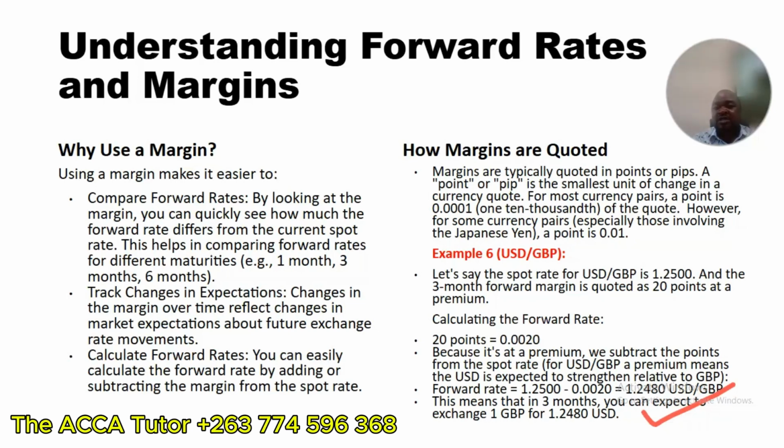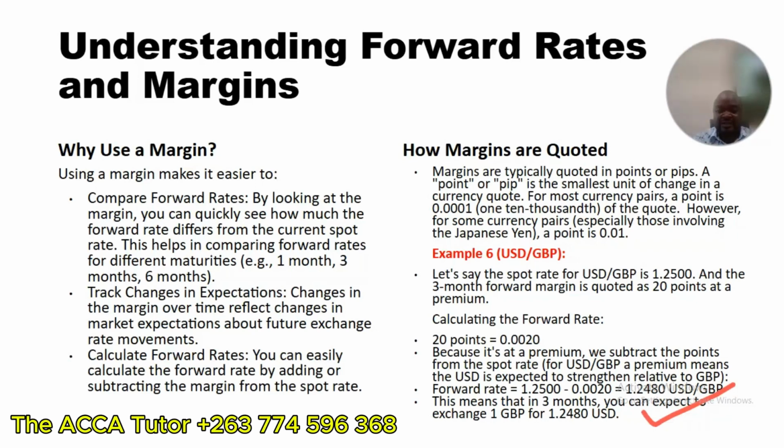Please, if the forward is quoted at a premium, always know that you need to subtract the points from the spot rate. If it is being quoted at a discount, you then have to add the points to the spot rate.